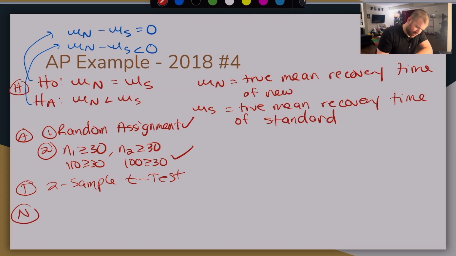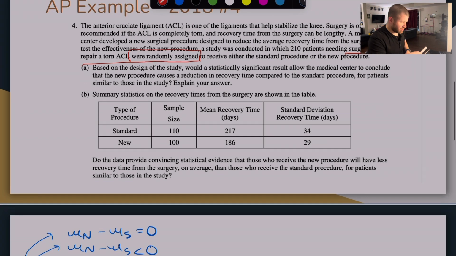And now to get my numbers, I'm going to go to my calculator here. All right, so I did the new procedure as group 1, so I need to make sure I put that in as my first one. And then your standard deviation here for the new one was 29 versus 34, and then 100 and 110.